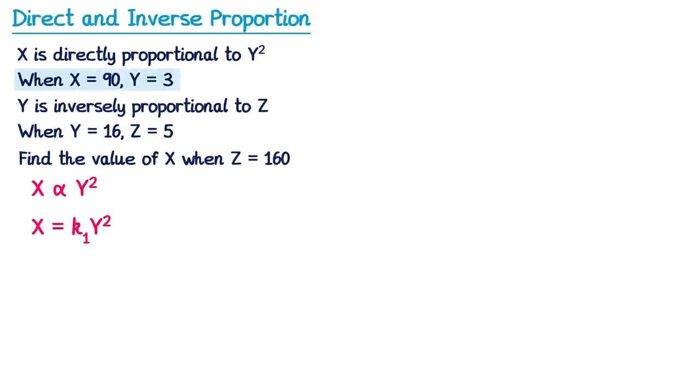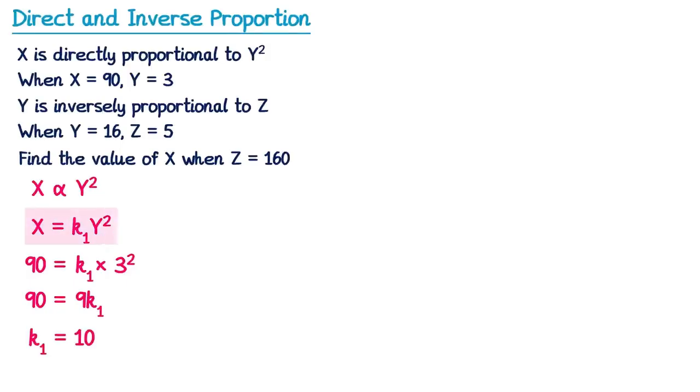Then I substitute in the values I've been given in the question, so we're going to substitute x for 90, and then we have k1, multiplied by y squared, so multiplied by 3 squared. 3 squared is 9, so we would have 90 is equal to k1 times 9, which is 9k. You could divide both sides by 9 here, and that will give you k1 is equal to 10.